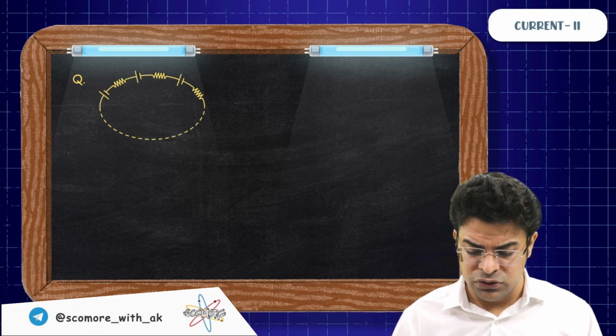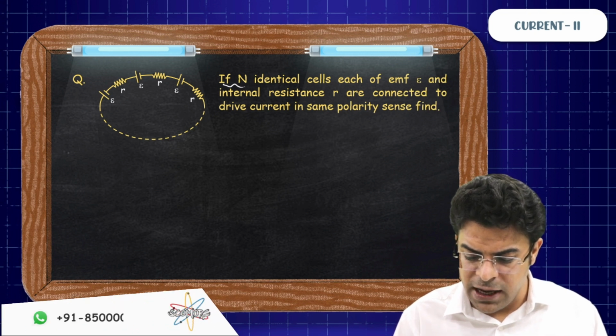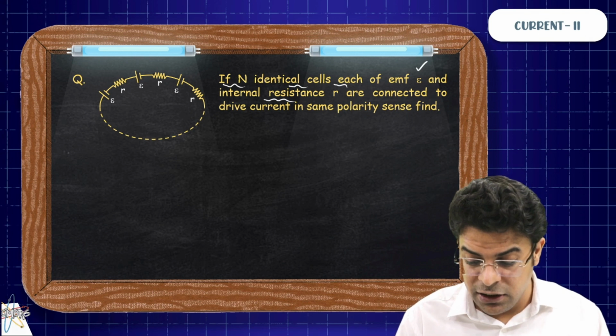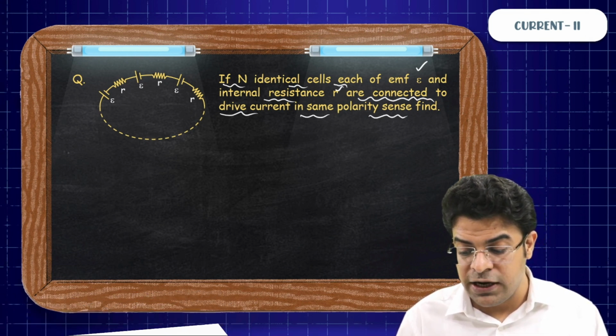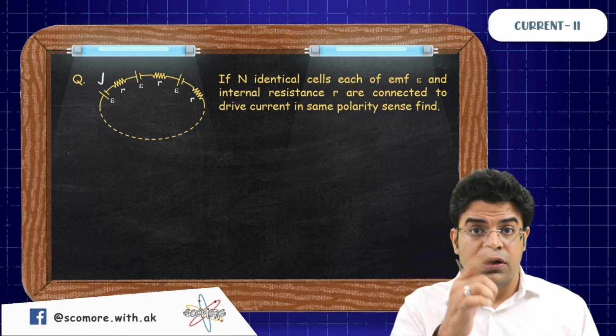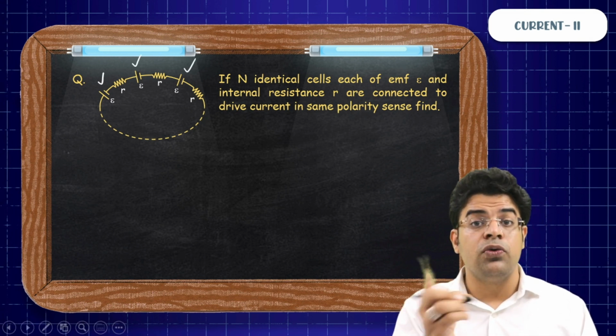So the question goes like, if n identical cells, each of EMF E and internal resistance R, are connected to drive current in the same polarity sense. Here you can see the first battery wants current to go anti-clockwise, the second battery wants current to go anti-clockwise, the third battery wants current to go anti-clockwise.